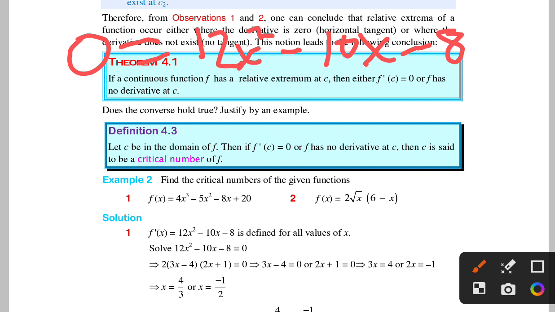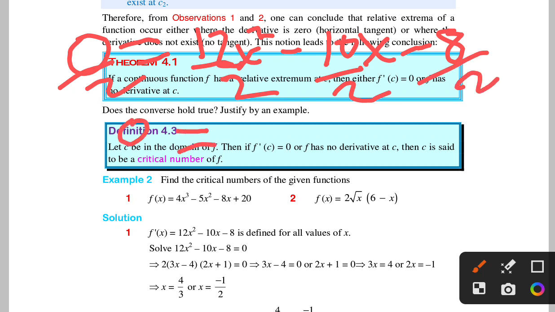We can divide by 2: 12 divided by 2 gives 6, 10 divided by 2 gives 5, and 8 divided by 2 gives 4.